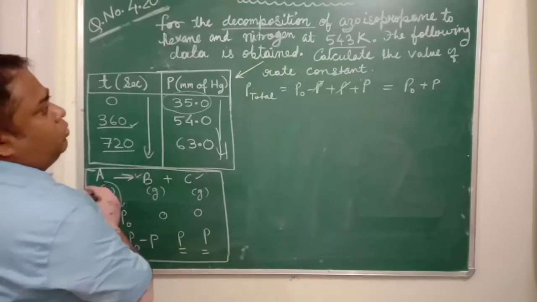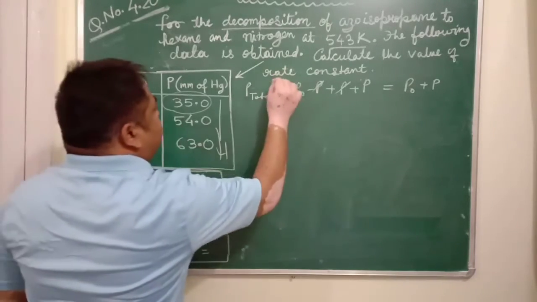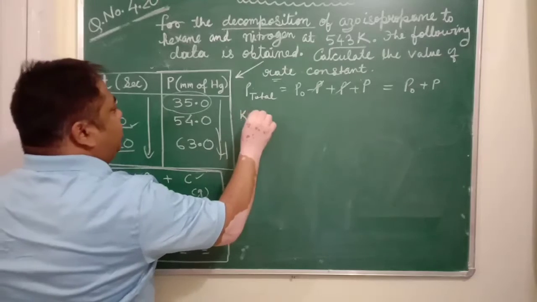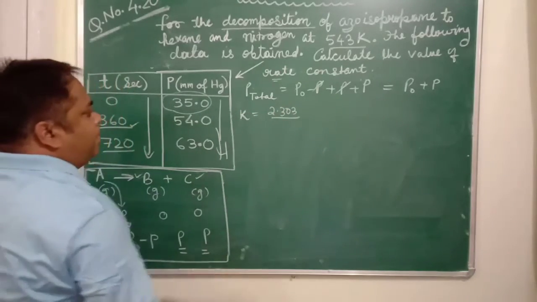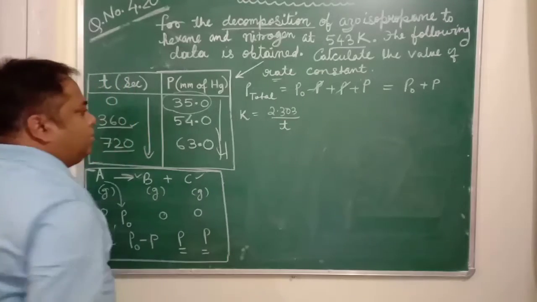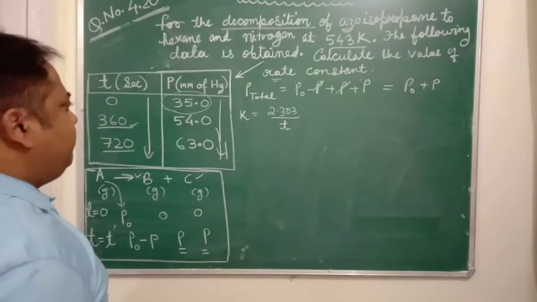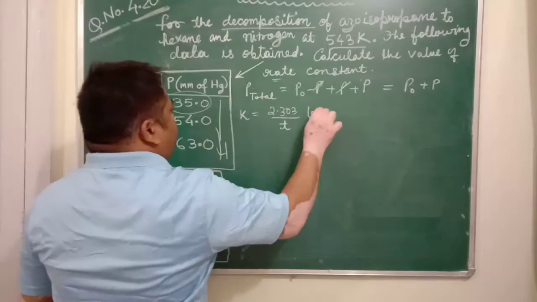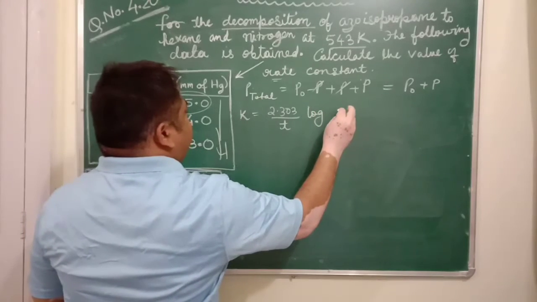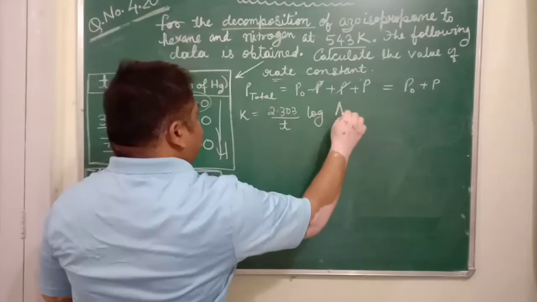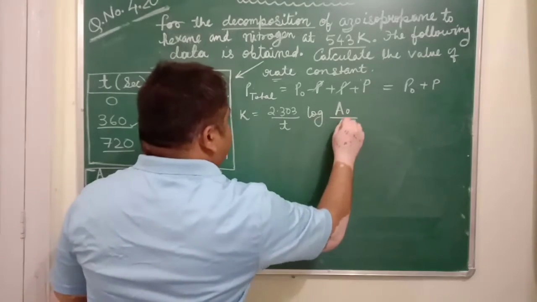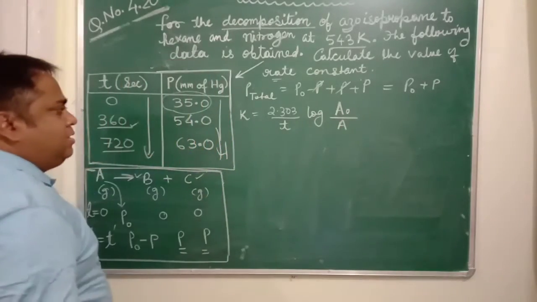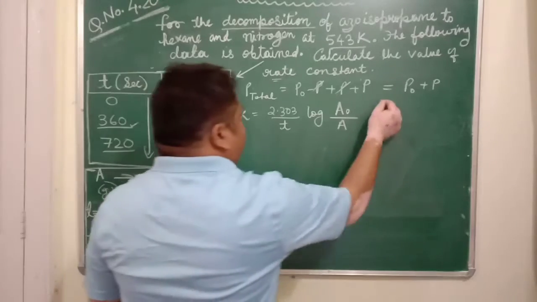Now we have to find out the value of rate constant. We know that rate constant K is equal to 2.303 by time taken multiplied by log initial concentration. So I can take initial concentration as A0 by final concentration as A, and here the concentration is in the form of pressure.